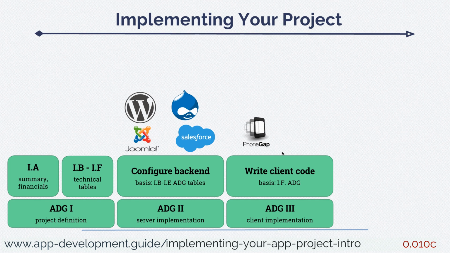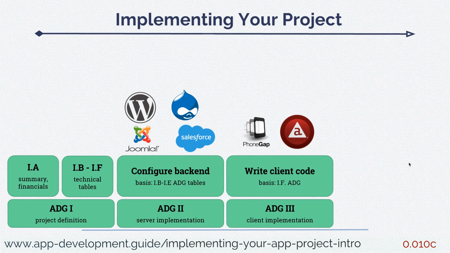Just like on the server, there are different choices. One of them is PhoneGap and another is Appcelerator, and typically these are JavaScript choices, but there are plenty of others. I also made a short tutorial on why I think Appcelerator or PhoneGap, DrupalGap, is a good choice compared to native development.